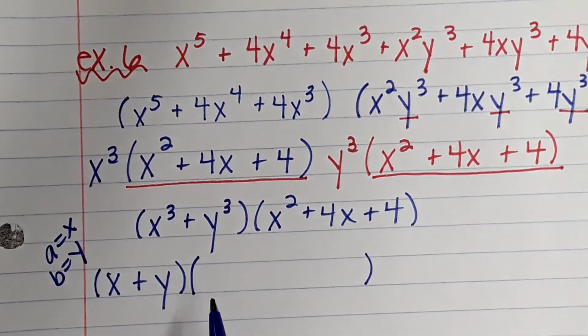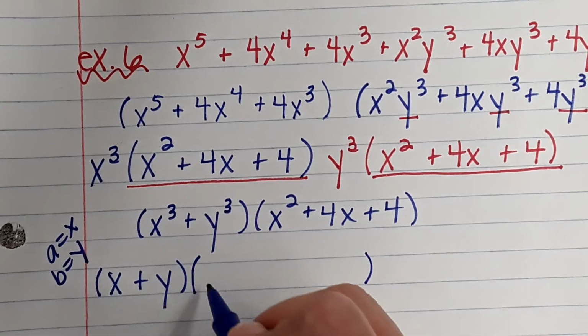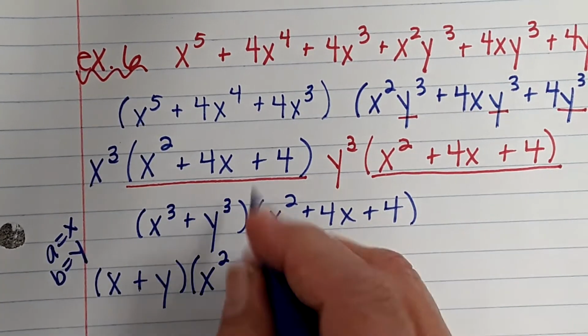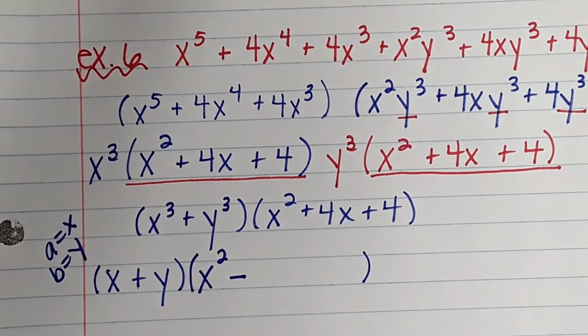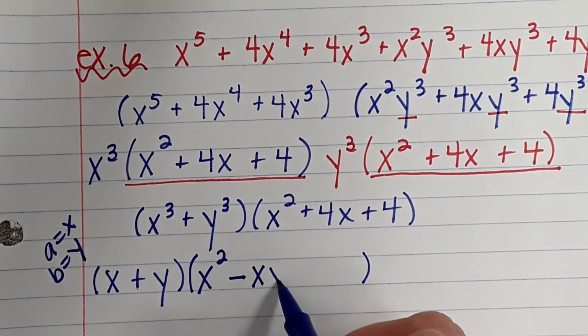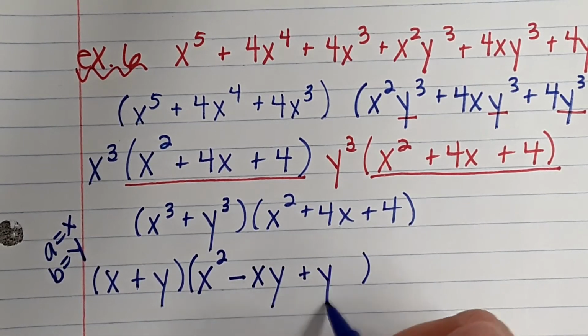So remember, I do a squared first. a is x, so x squared. This is positive, so this has to be negative. Notice I keep saying this is positive, this is negative, because these two should be opposites. Now we're going to do a times b. So what is x times y? And then we do b squared, which is y squared.